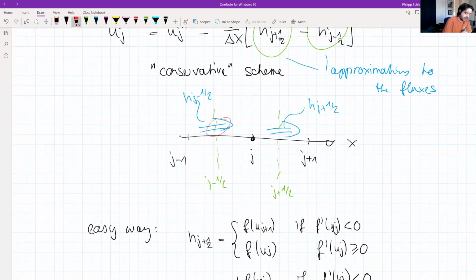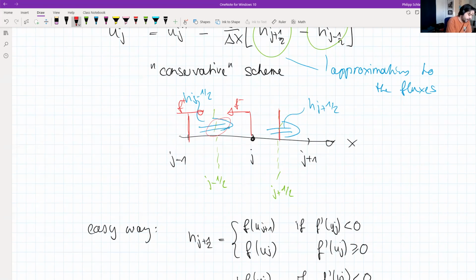That would be the fluxes at this point. Well, that would be essentially the positive fluxes that come from this point, and it would be the negative fluxes that come from this point. So it would be F plus from here and F minus from there.